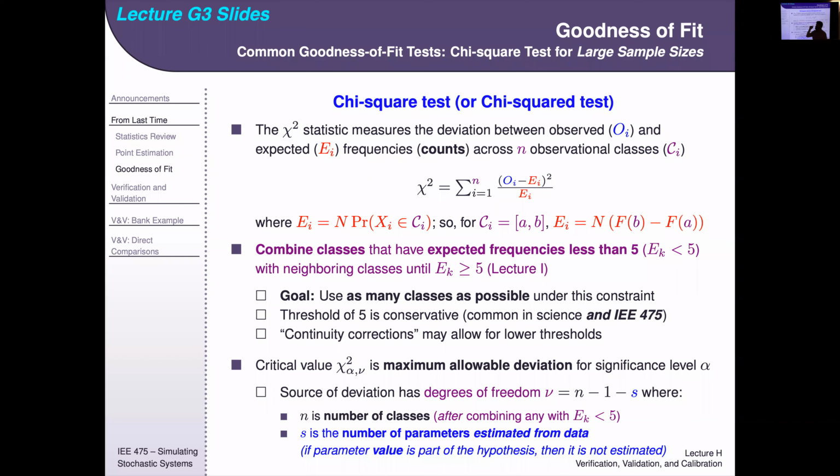The only real difference is that sometimes you need to do a little bit of math to calculate the expected number that goes into each bin. You need to calculate the probability, under the hypothesis I'm testing, that points would fall into that bin. You multiply it by the number of samples observed, and that gives you the expected number for that bin.